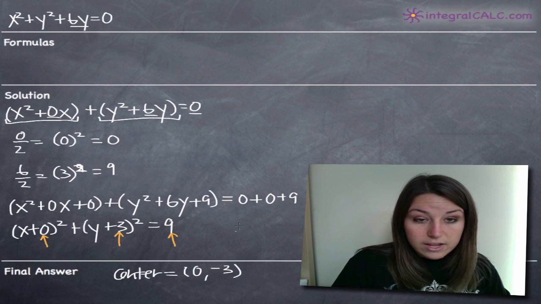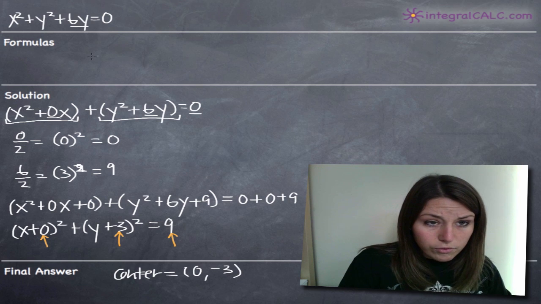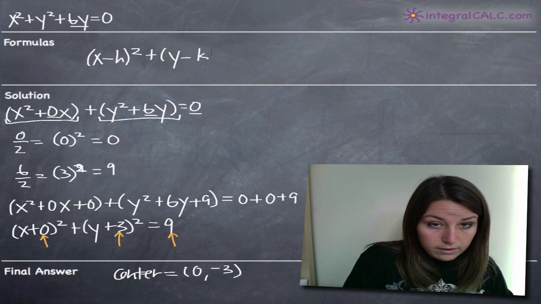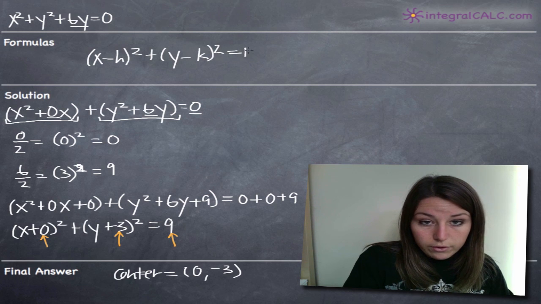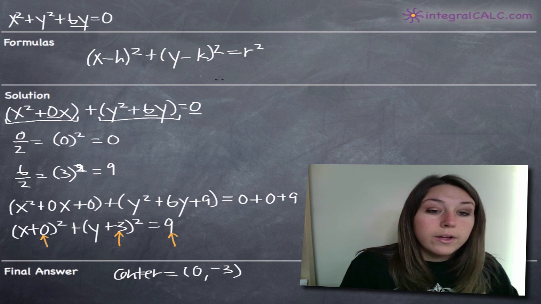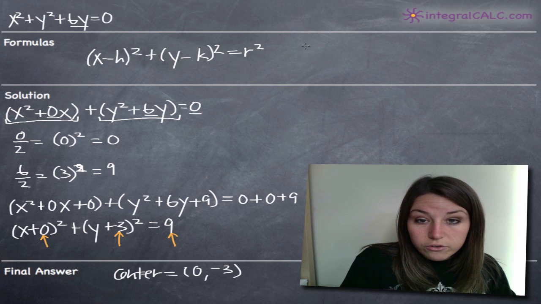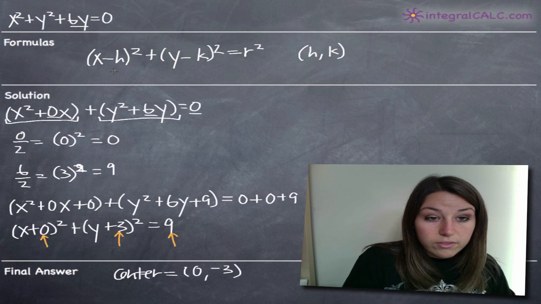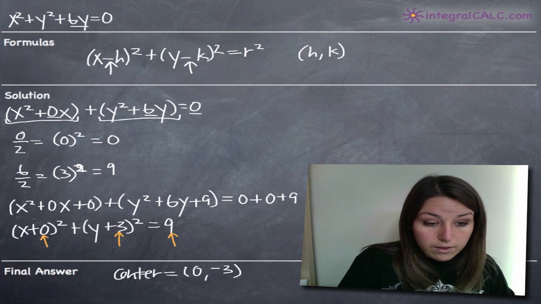The reason it's negative 3 is because the formula that we use is more or less like this: x minus h squared plus y minus k squared equals the radius squared. So the center of our circle is (h, k). The minus signs are present in the formula, but notice that in our equation we have plus signs.